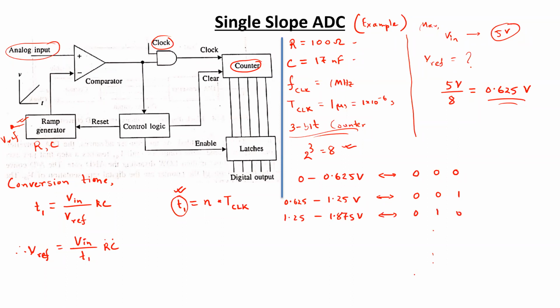In this way, up to 111, the range of the analog voltage that would give a 111 output, you'll find that it is 4.375 to 5 volts. So these are the different ranges of the analog voltage for which we are going to get the same digital output sequence.